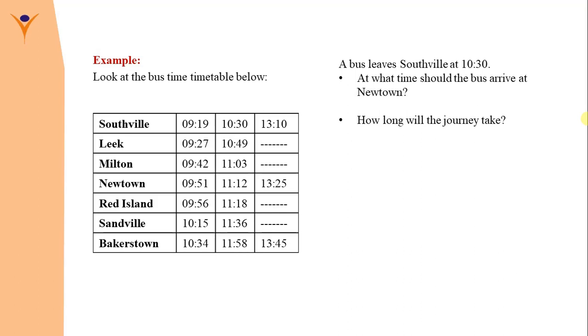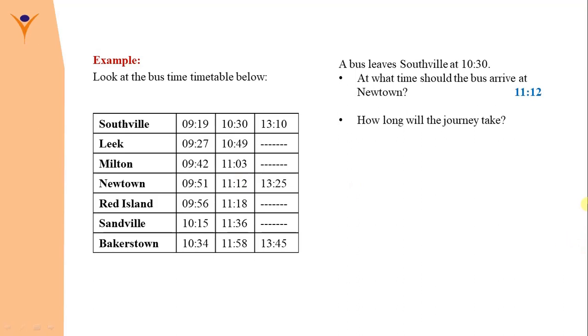So since the bus leaves at 10:30, it's referring to the second column. At what time should it arrive at Newtown? We locate Newtown here and trace it down to the second column. And there you can see it will arrive at Newtown at 11:12. So that is easy and straightforward.